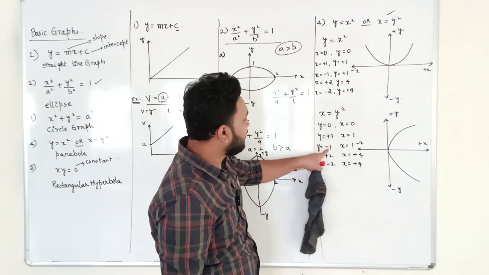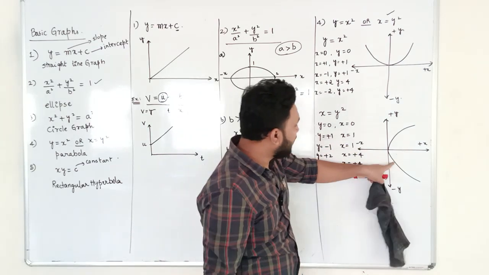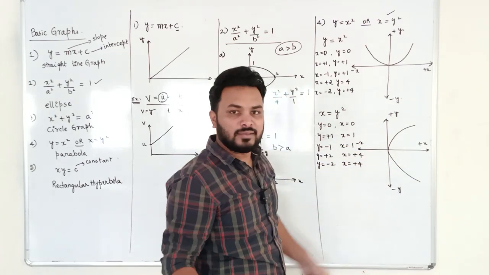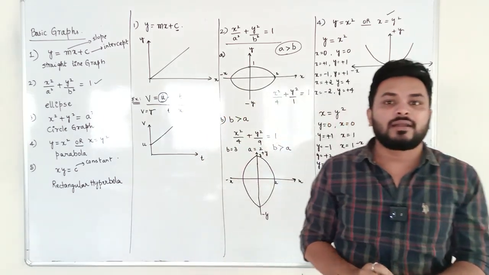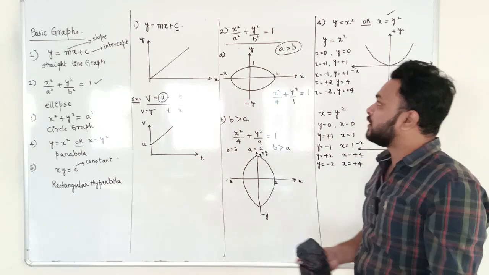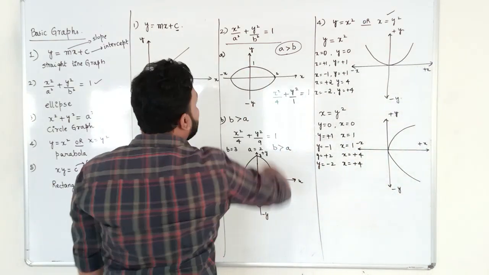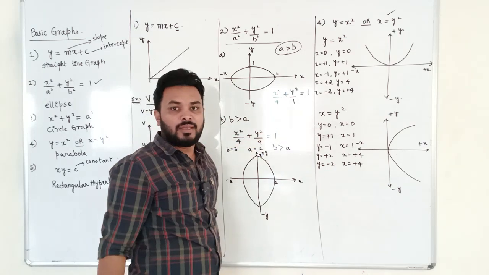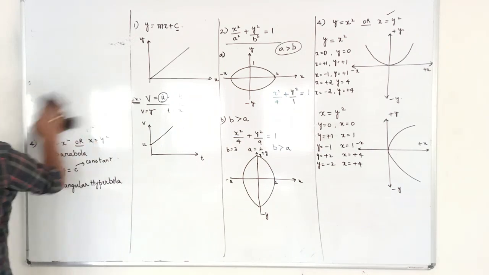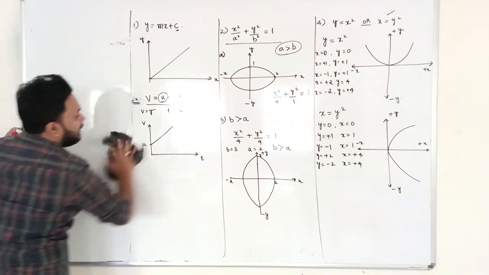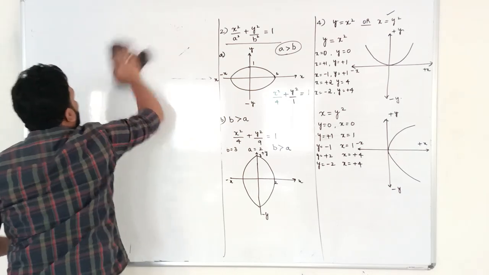Y minus 1, x equal to 1. This is how exactly we are drawing the graph with respect to straight line, ellipse, circle and parabola. In the parabola, we will take another examples, with respect to negative values, how exactly we are dealing with the negative values, we will see that also.